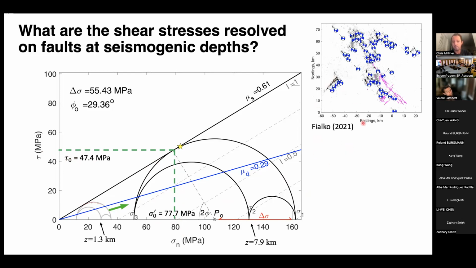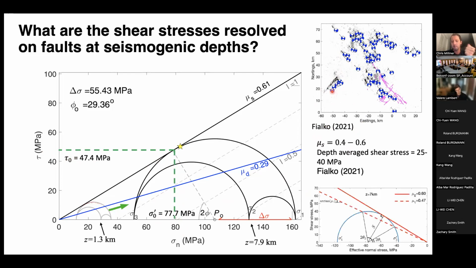We can compare this to values from Fialko 2021, who looked at the dihedral angles between seismic lineations. He's trying to look for conjugate faults from the seismicity. From those dihedral angles, you can estimate the static friction and the depth-averaged shear stress. He comes up with very similar values for the static friction.